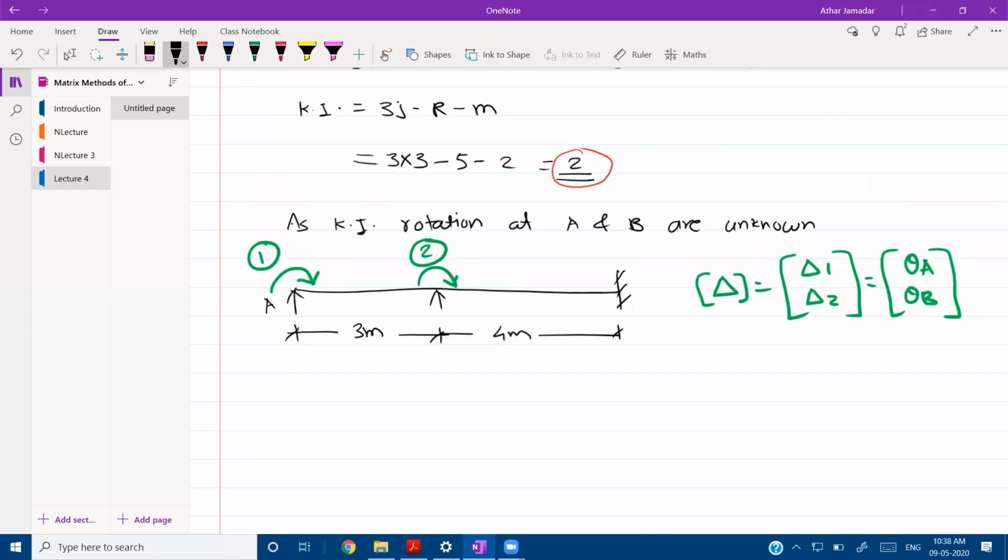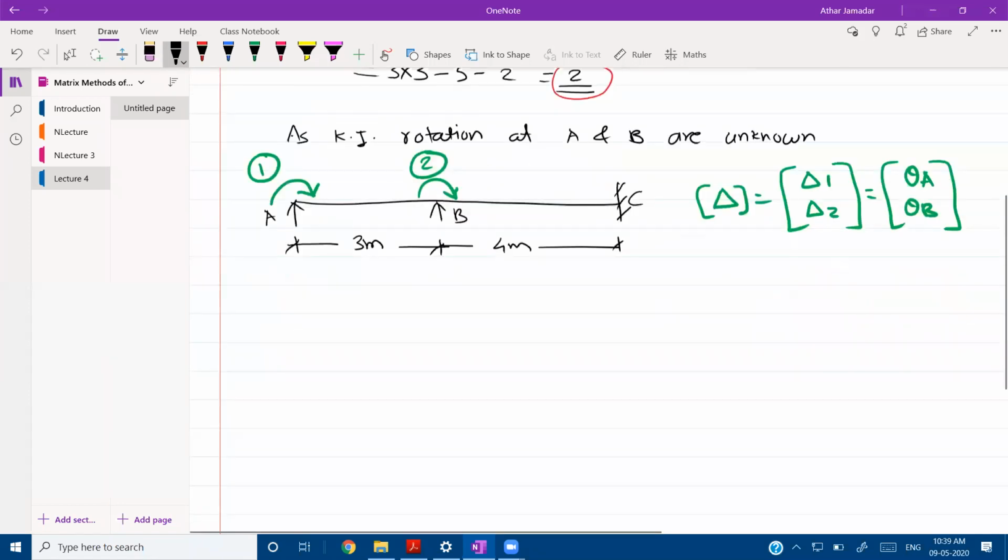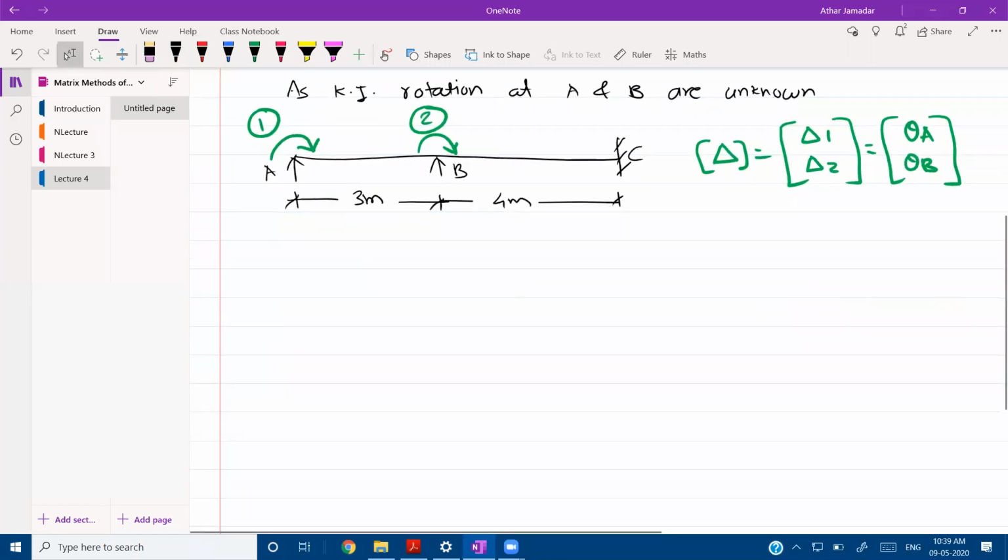Remember, this is point A, this is B, and this is C. Or rather, just remember that you have to always assume, if a simple support is present in your structure, clockwise rotation at that support as unknown. And now we have given a naming system for these unknowns. So coordinate number 1 is now rotation or moment at A, and coordinate number 2 is rotation or moment at B.